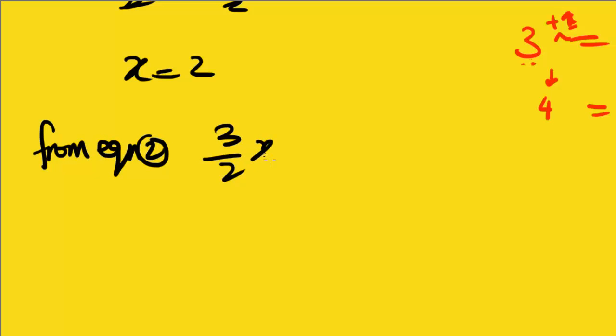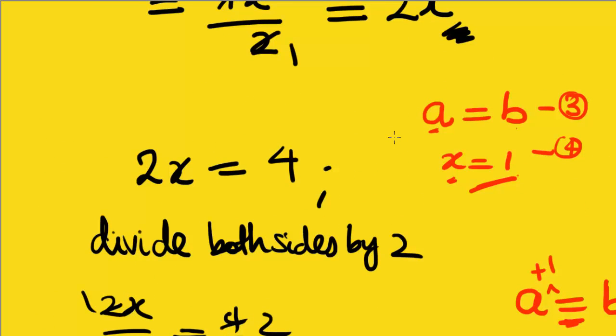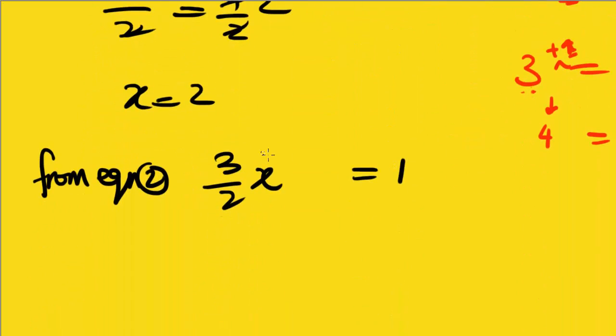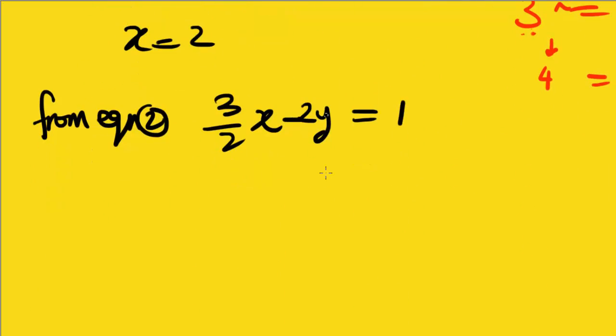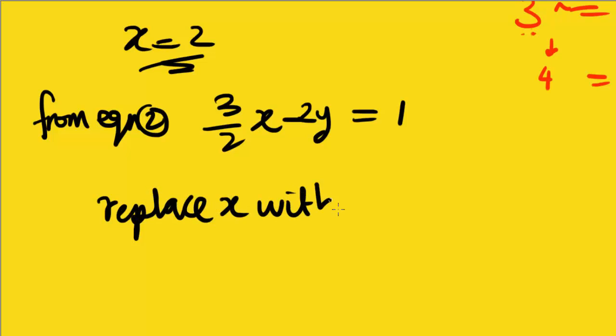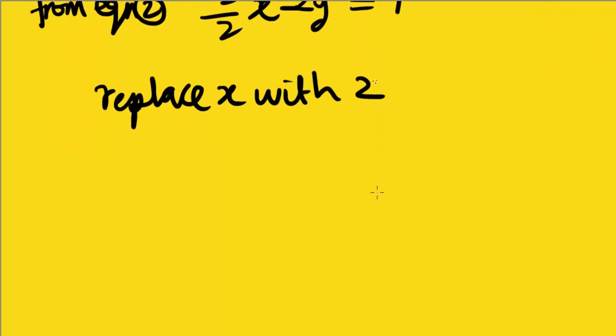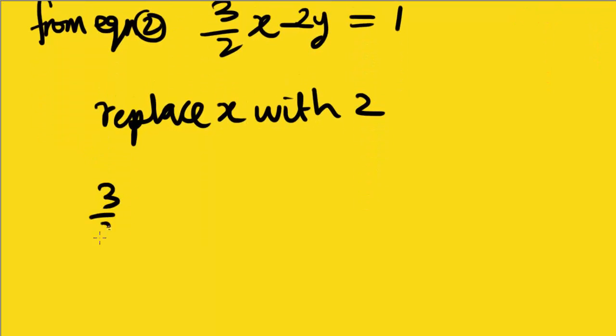I now know that x is 2, so let's replace x with 2 in any of the equations you were given, to give 3 over 2 times x, or like I used to write, 3 over 2x, same thing as 3x over 2, right?